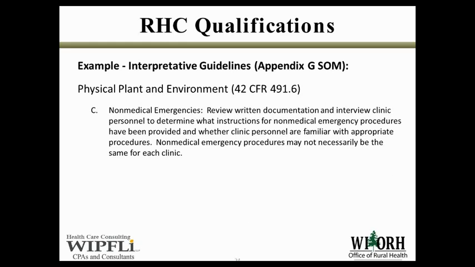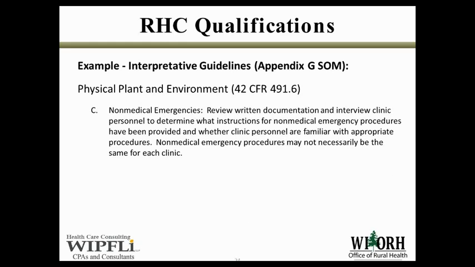This excerpt is actually the instructions for the survey agency who's conducting the Rural Health Clinic certification survey. The instructions state that the surveyor should review the written documentation as well as interview clinic personnel to determine what their instructions are for the non-medical emergency procedures.